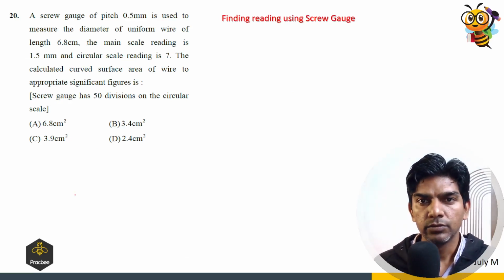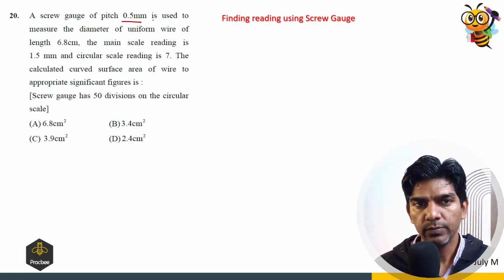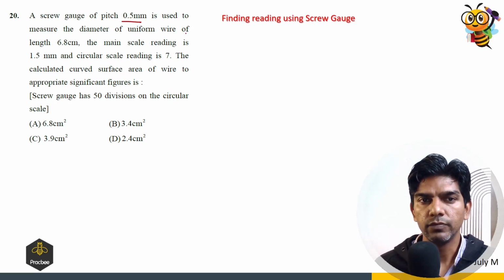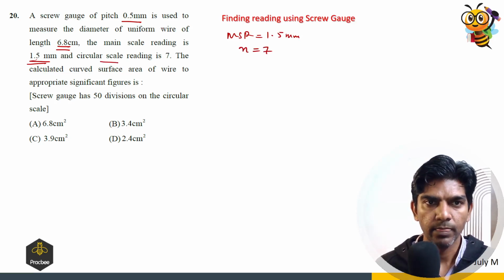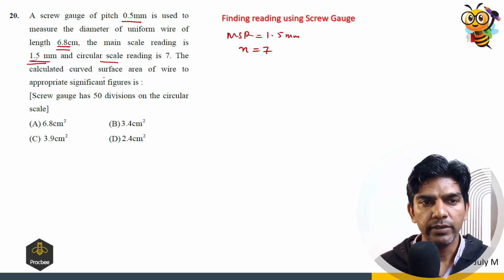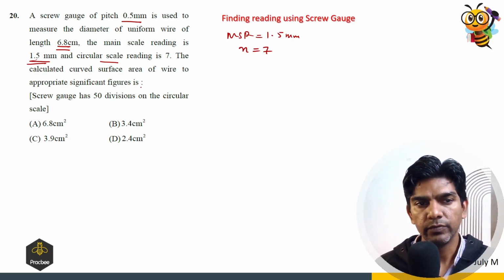Now let's see another question based on the same problem type. A screw gauge of pitch 0.5 millimeter is used to measure the diameter of a uniform wire of length 6.8 centimeter. The main scale reading is 1.5 millimeter. Circular scale reading is 7, so n is 7. The calculated curved surface area of the wire to appropriate significant figure is?